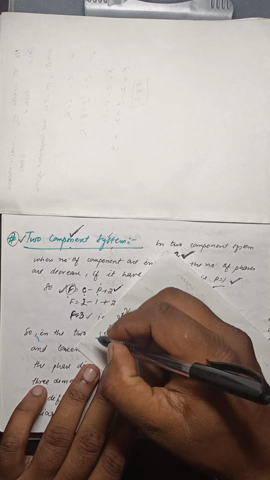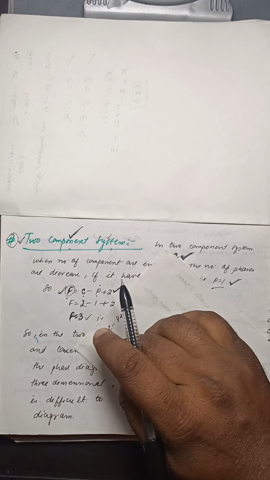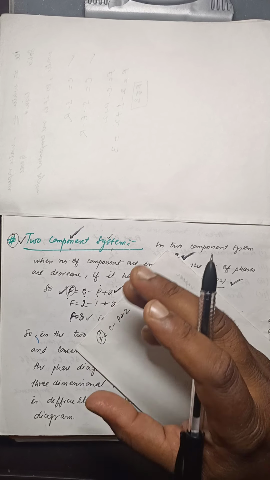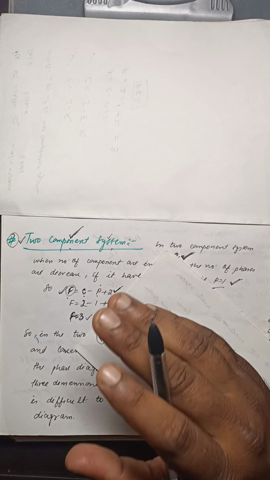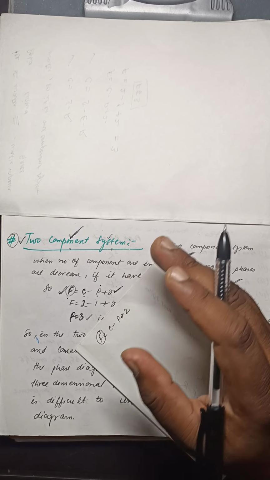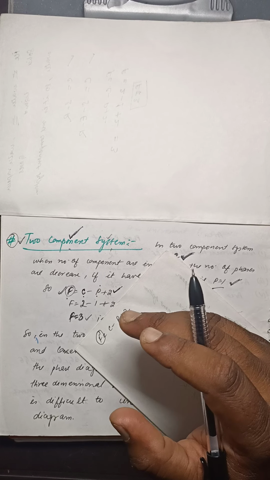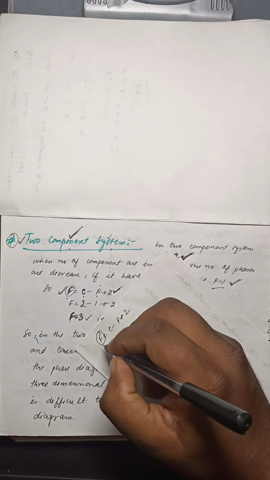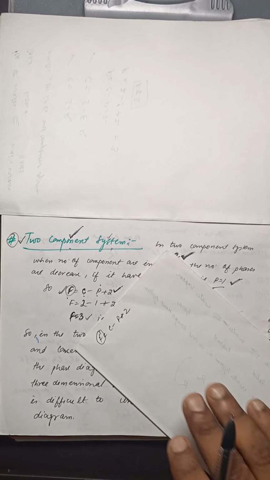Now what is degree of freedom or variance? Every system has three variables: temperature, pressure, and concentration of the component. If one value is fixed, and automatically all the conditions of the system are completely defined, that is known as degree of freedom or variance.